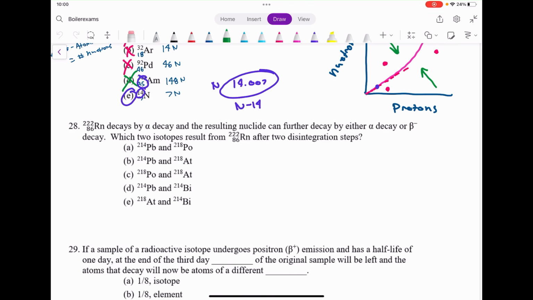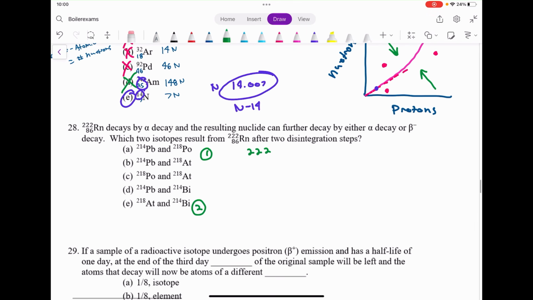So let's write this way. We have the first step, and we'll do the second step, which is going to have 2 options. So let's see, we got radon-222, and we know that this is undergoing alpha decay first. An alpha particle is a mass number 4, atomic number 2.